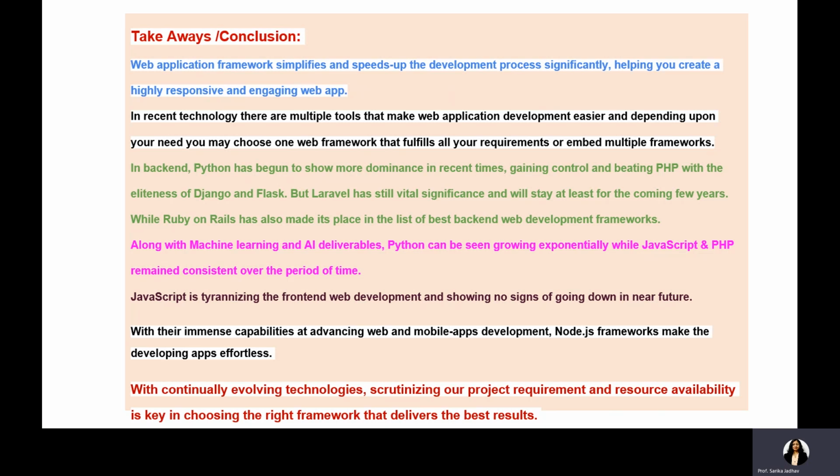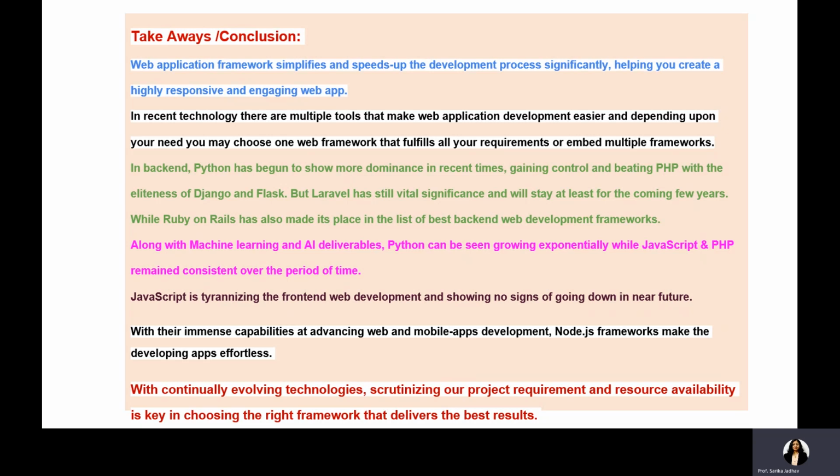Along with machine learning and AI deliverables, Python can be seen growing exponentially while JavaScript and PHP remained consistent over time, because AngularJS, React.js, and other front-end web applications still use JavaScript code to deploy their needs. So JavaScript is known as front-end web development.